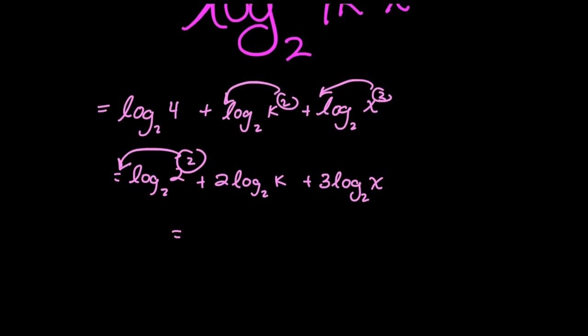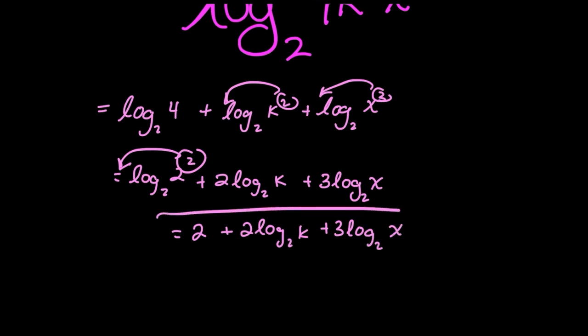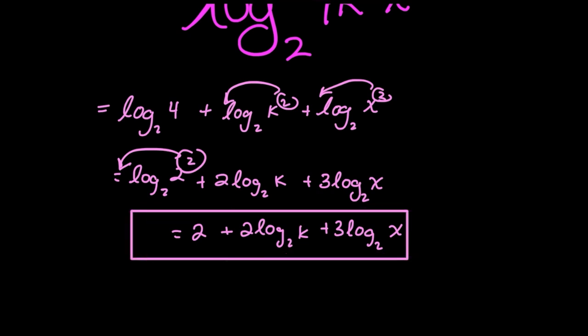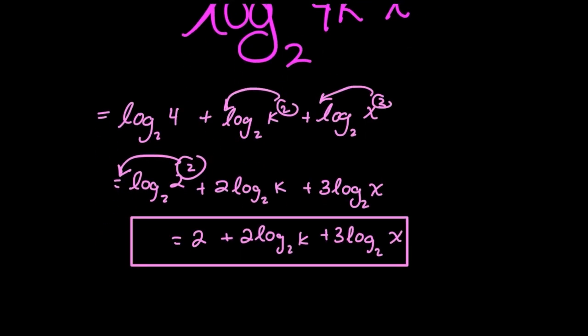So I can immediately just rewrite this as 2, because that's technically 2 times 1. So that's 2 plus 2 log base 2 of k, plus 3 log base 2 of x, because I cannot simplify these 2 further. This is the most simplified version of what I started with.